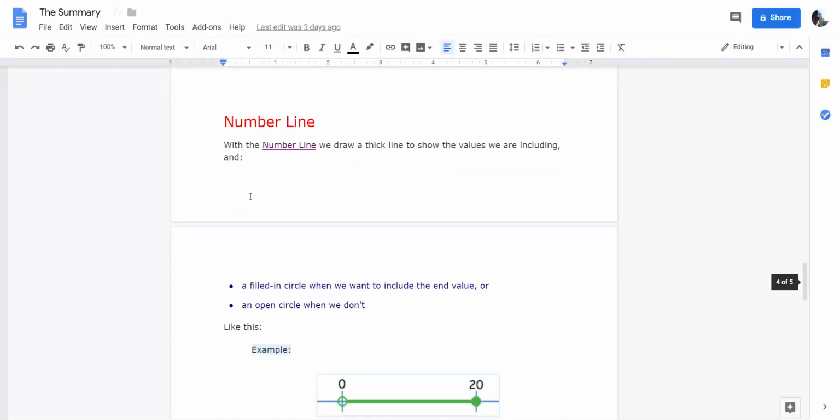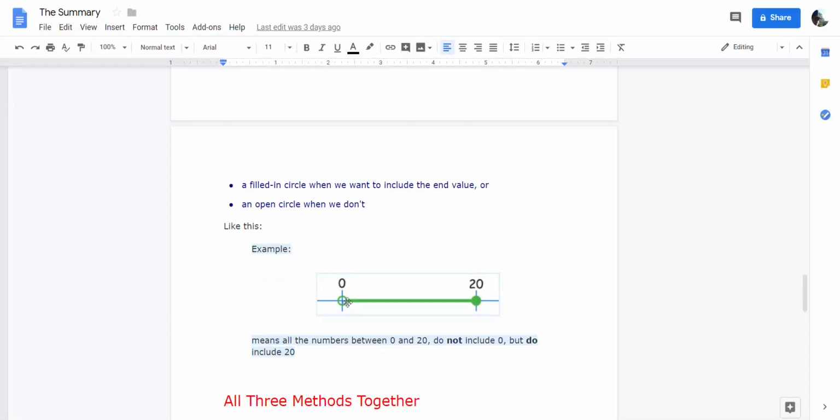If we try to represent this in a number line format, say we have a set of the numbers greater than 0 but less than or equal to 20. In this case, the 0 is not included, which is represented by an empty circle, and 20 is included in the set, so it's a filled circle.